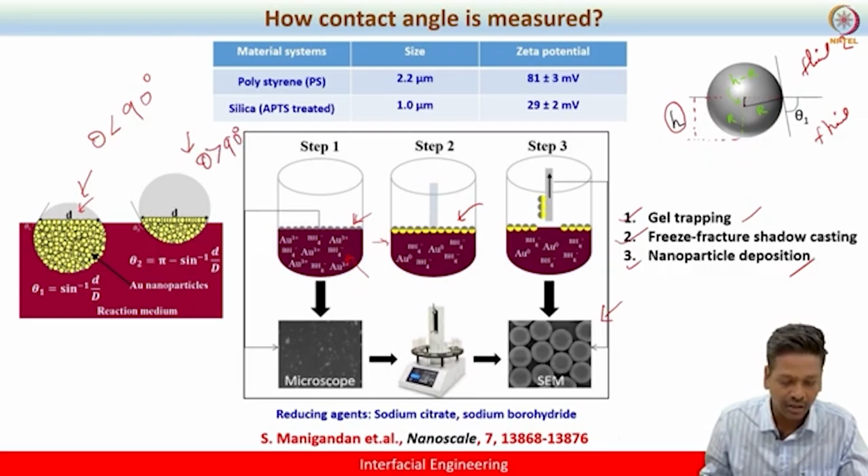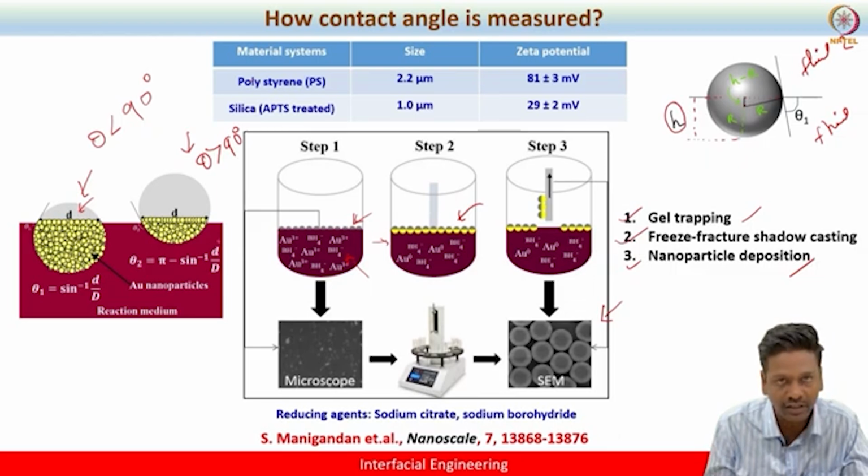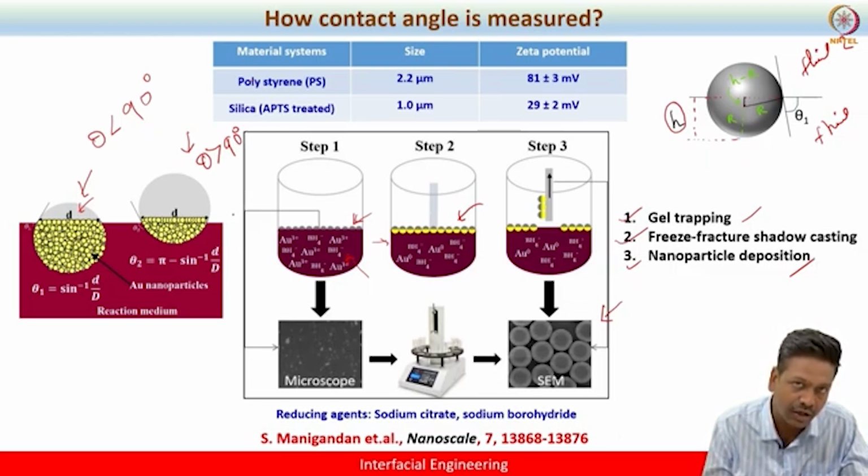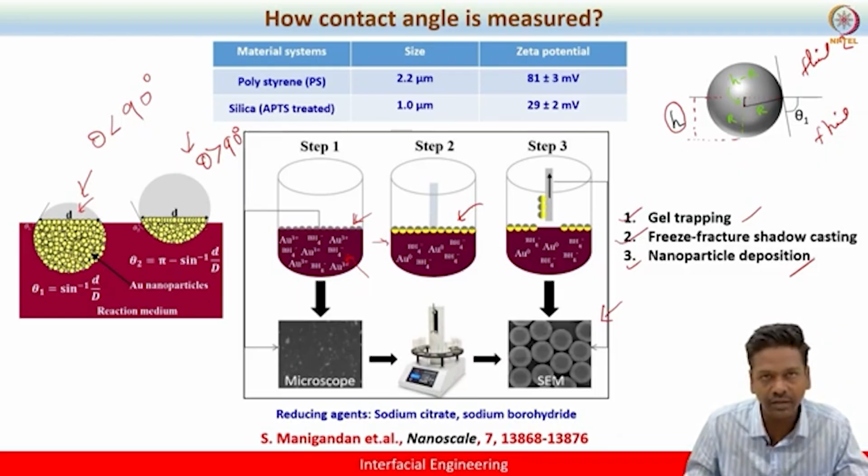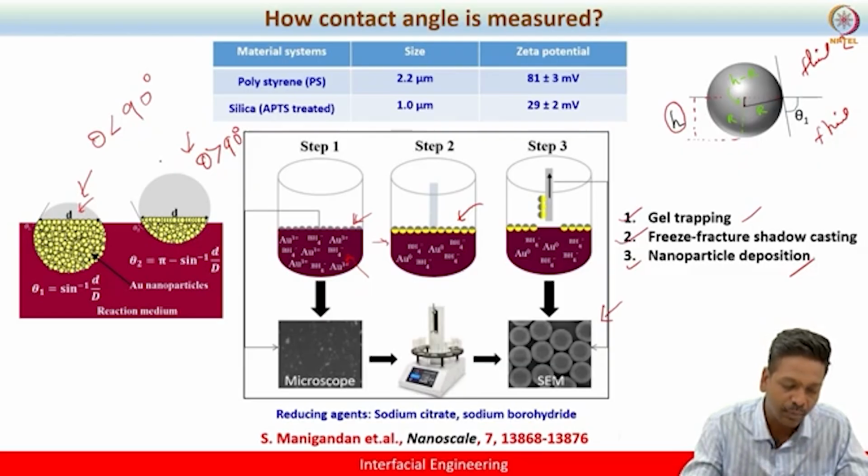In this case, because a very small part is exposed to the water side, deposition will occur only on that surface, correct? So when we visualize them under scanning electron microscopy, we will not be able to see it very easily from the top, because the nanoparticles will be depositing on the lower part of the particle surface.